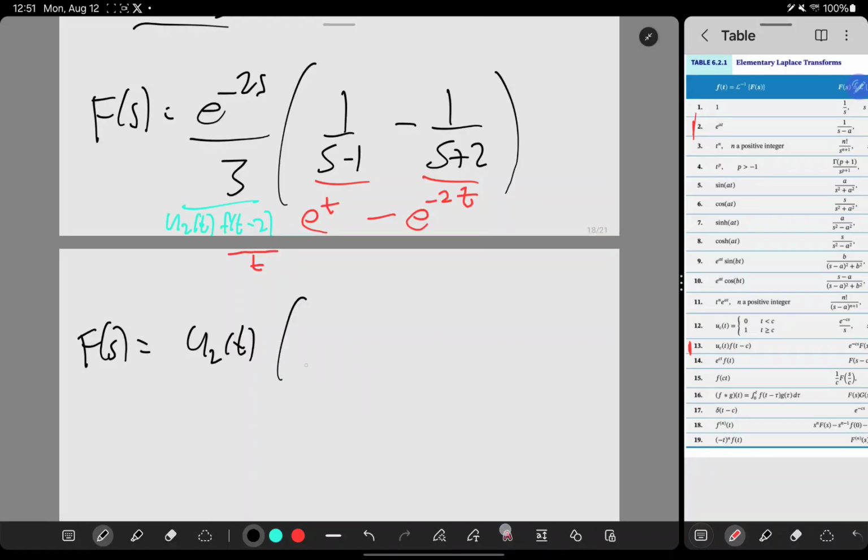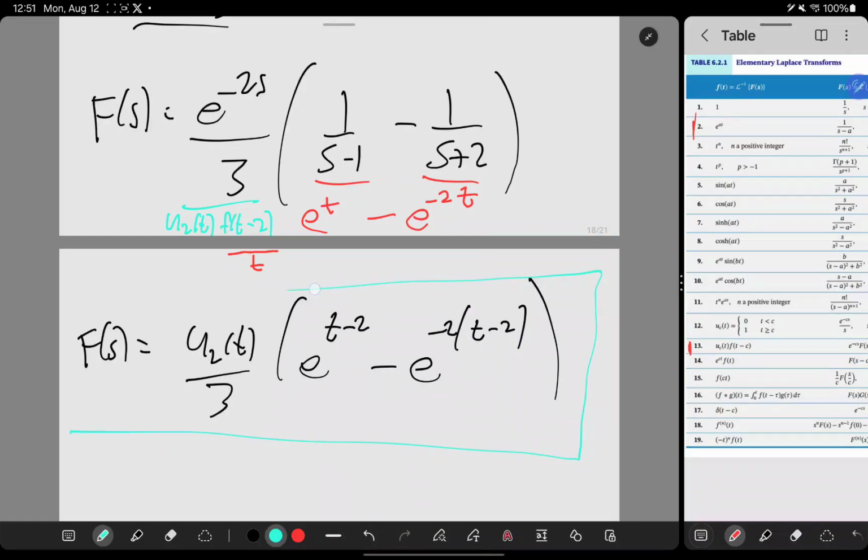So we have u2 of t times e to the t minus 2, plug that t in for these, minus e to the negative 2 times t minus 2. And don't forget the over 3. And this is the answer, I believe. Let me check. Yeah, that's the answer.